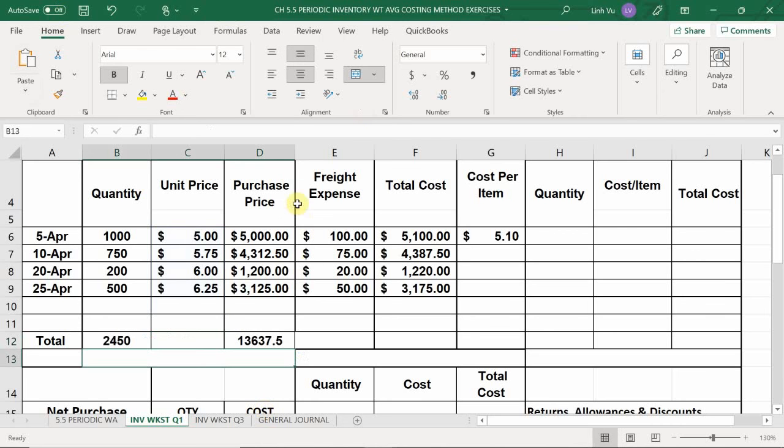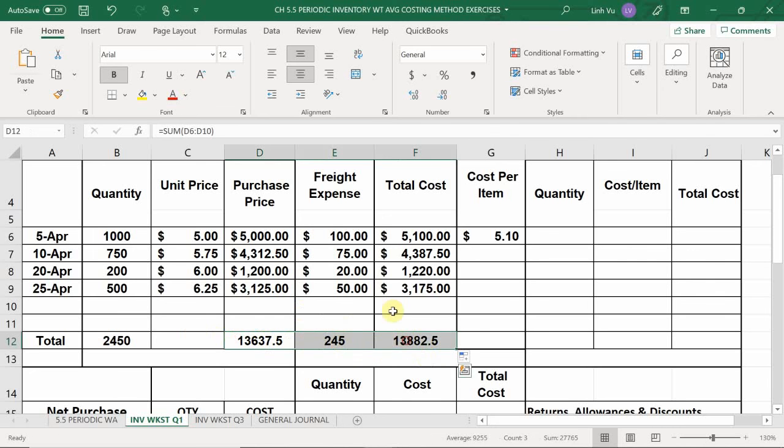And then what about my total freight? $245. Yes. Okay, bringing me my total cost to be 13,882.50.